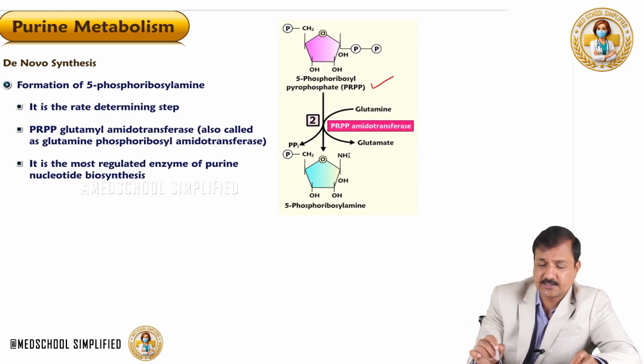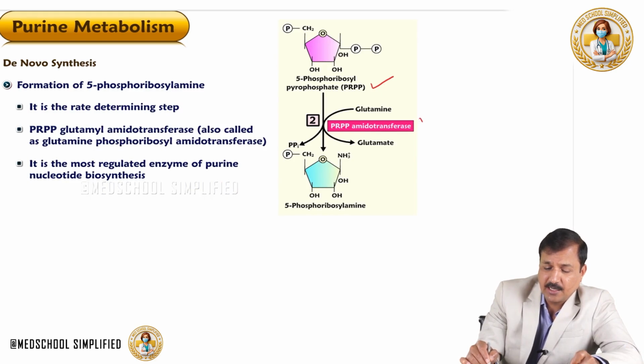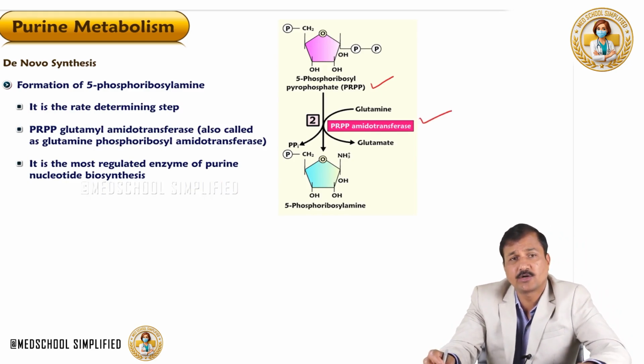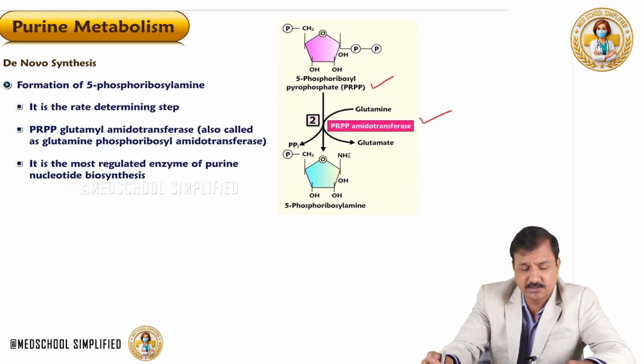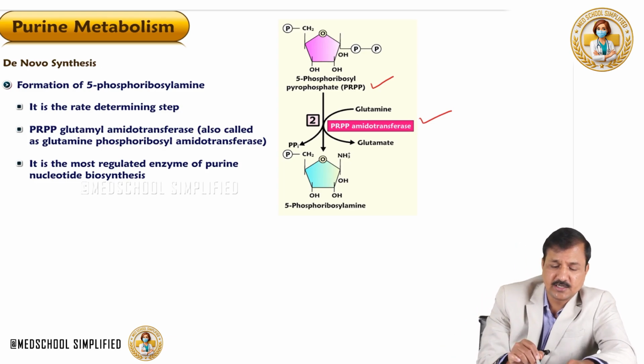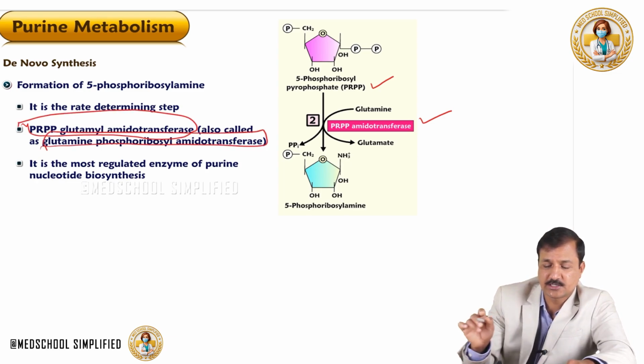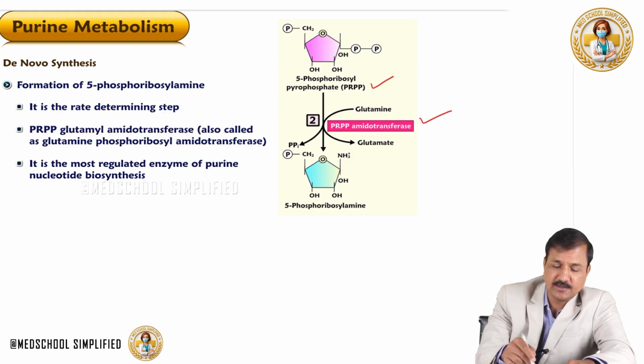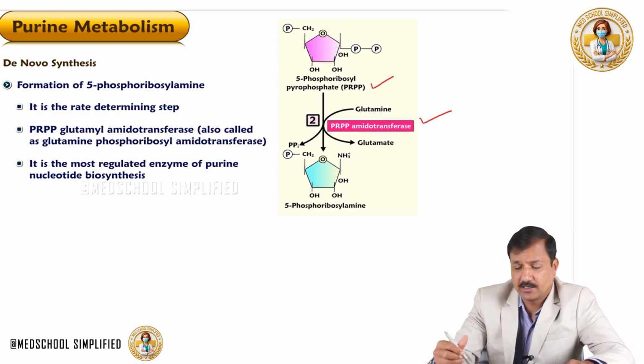Now, the second reaction is catalyzed by PRPP glutamyl amidotransferase, or PRPP amidotransferase, which is also called glutamine phosphoribosyl amidotransferase. So, there are two names for the second enzyme in purine nucleotide biosynthesis.